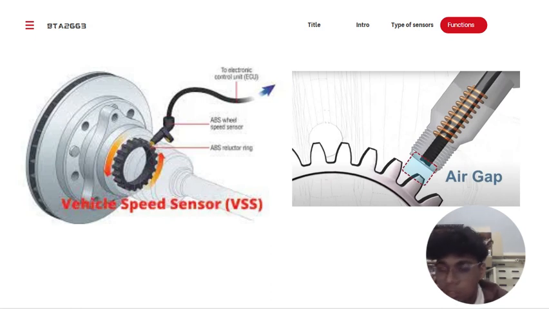They provide crucial data to the engine control unit, which is called the ECU, and other control modules for various functions, including regulating fuel injection, transmission shifting, and the anti-lock braking system, which we call the ABS.